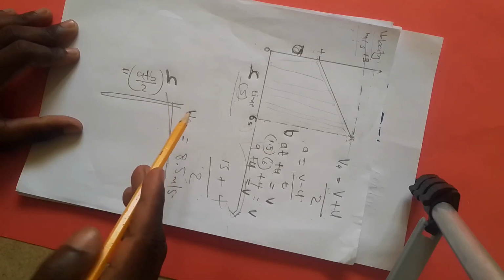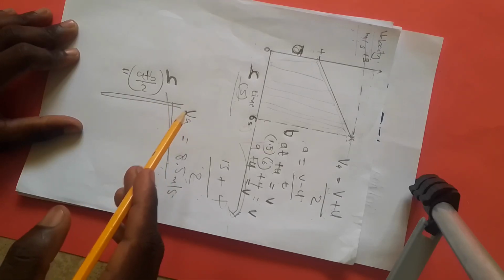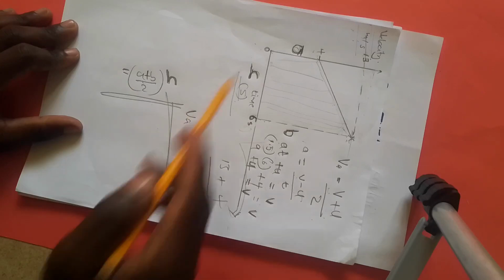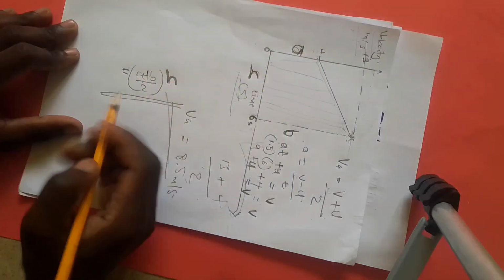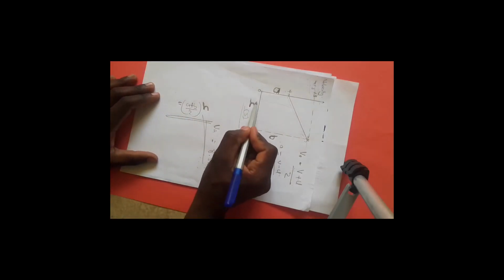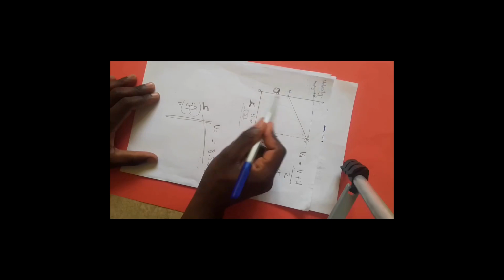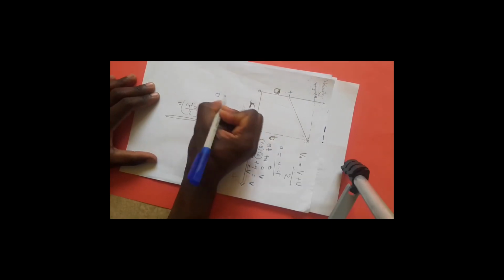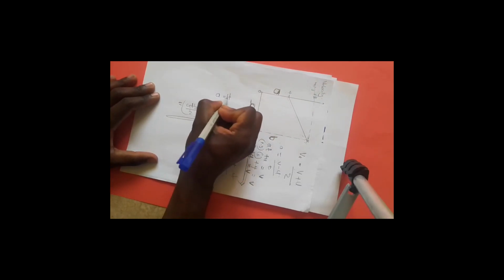So in this case A is equal to what? 0 to 4 is A. Let's take the values of the variables per side so that you see clearly. From 0 to 4, this is side A. So side A is equal to 4. So A is equal to 4, right?